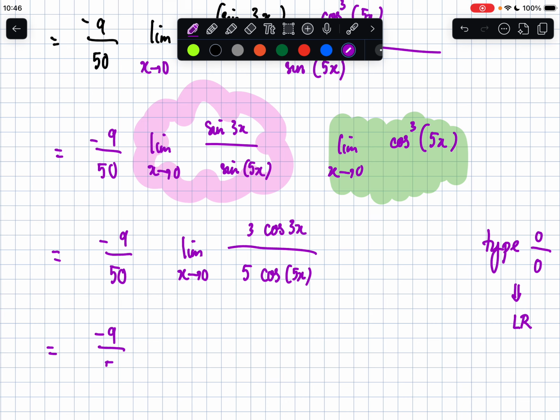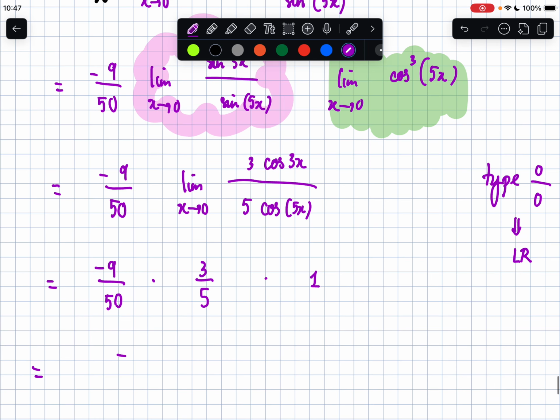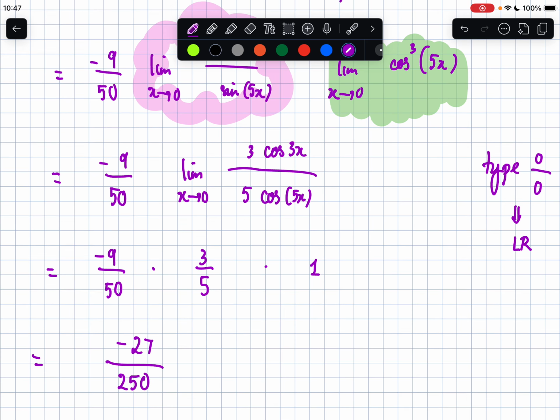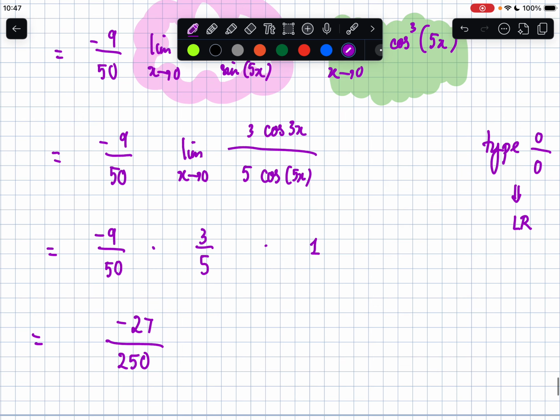Minus 9 over 50, or rather 3 over 5, is just a number, take it out. You plug in x equals 0, you have cosine 0 which is 1 over 1, so multiplies 1, which is minus 27 over 250. This is our limit.